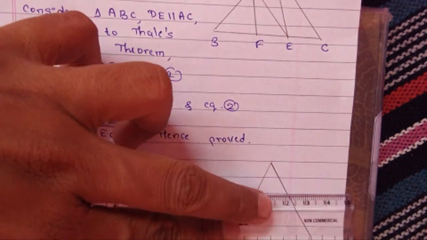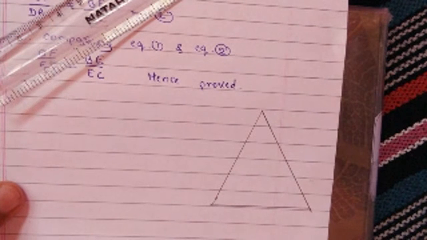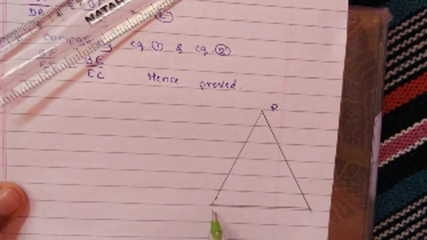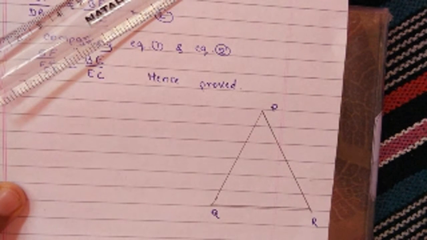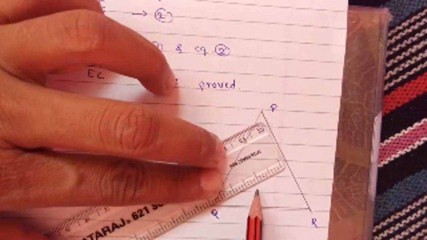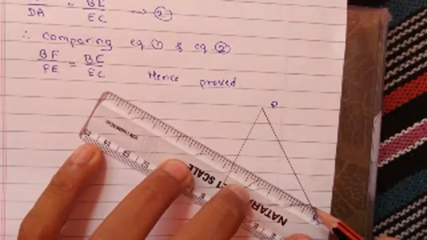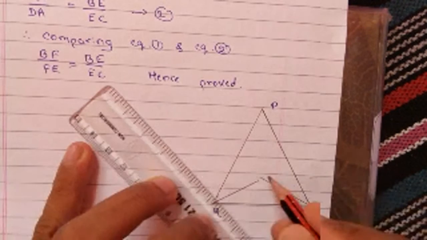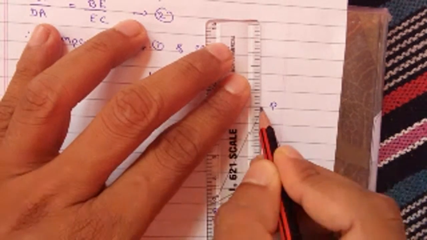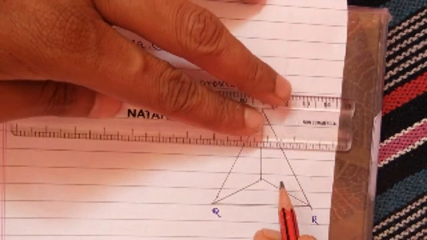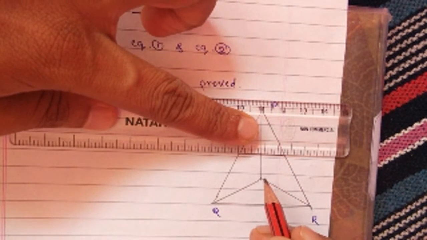Figure 2.20, and the endpoints are P, Q, R, and there is another line and one straight line, and also EF is another line.